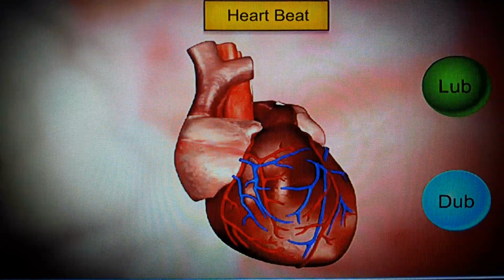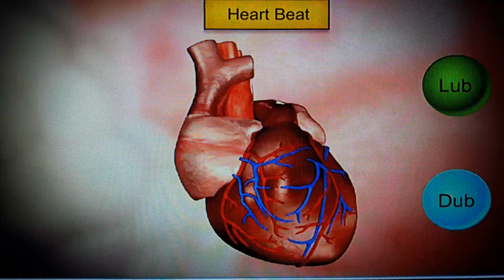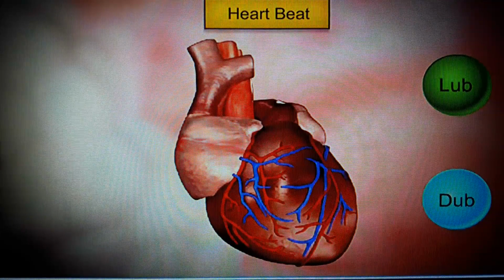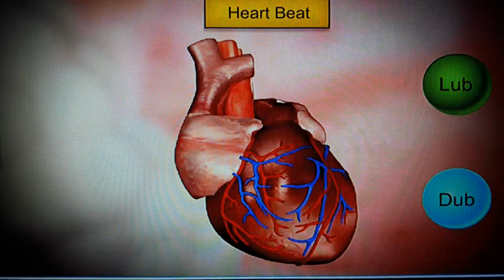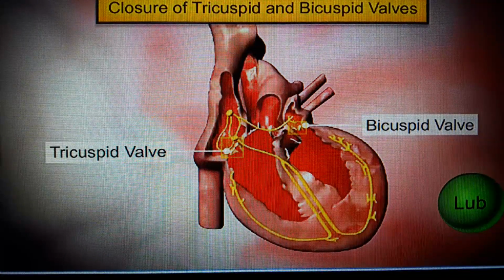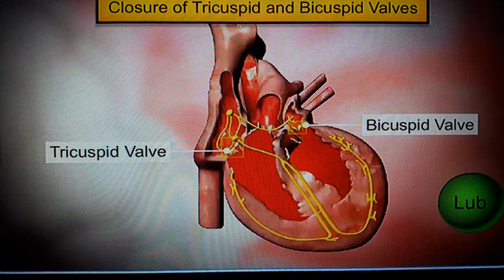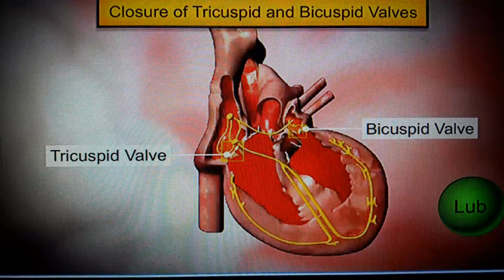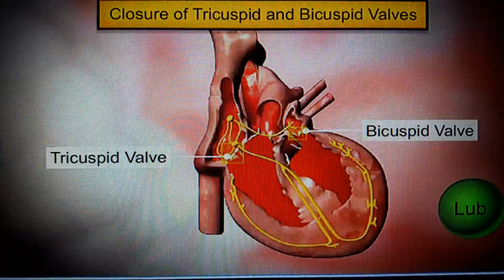Next, heartbeat or heart sound. The rhythmic closure and opening of valves cause the sound of the heartbeat during the cardiac cycle. Two significant sounds, lub and dub, are produced during one cardiac cycle. The first sound during the cardiac cycle is lub. It is produced by the sharp closing of the atrioventricular valves, that is the tricuspid valve and bicuspid valve.